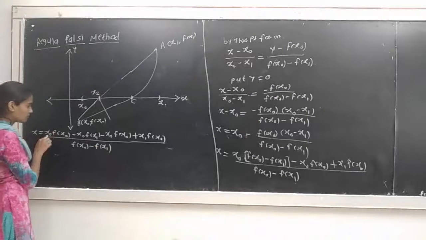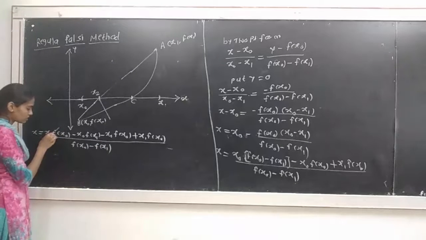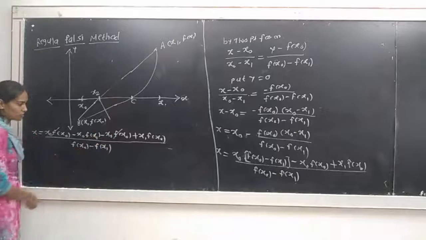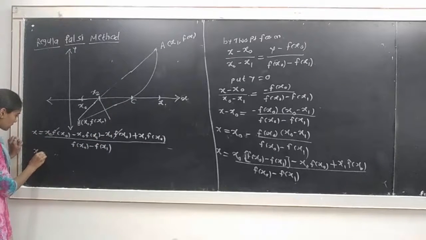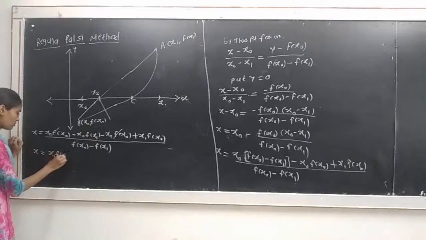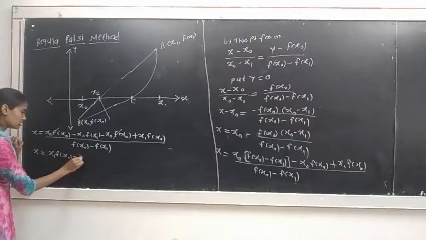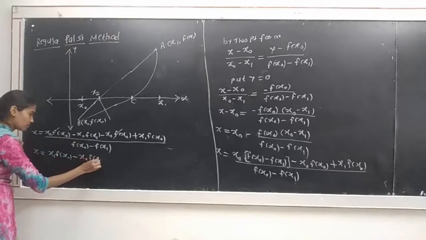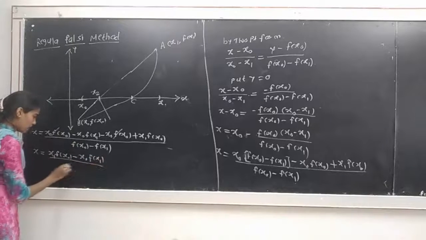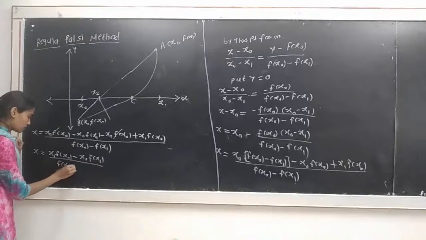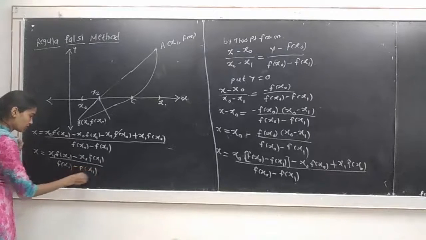Then in the numerator, the plus x0 f of x0 and minus x0 f of x0 get cancelled. We get x is equal to x1 f of x0 minus x0 f of x1 divided by f of x0 minus f of x1.